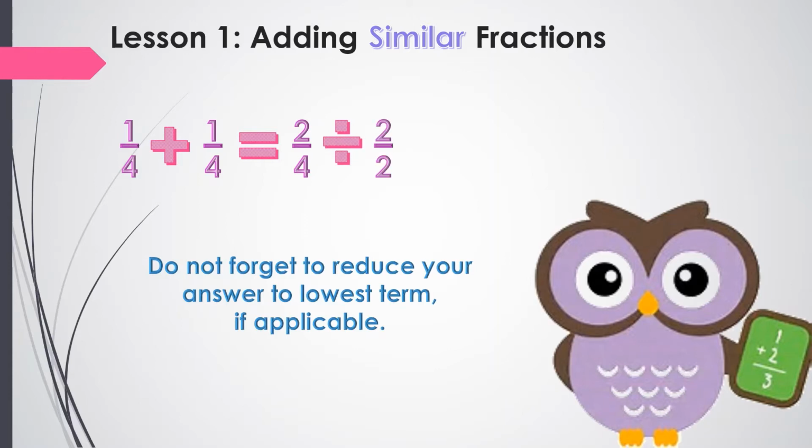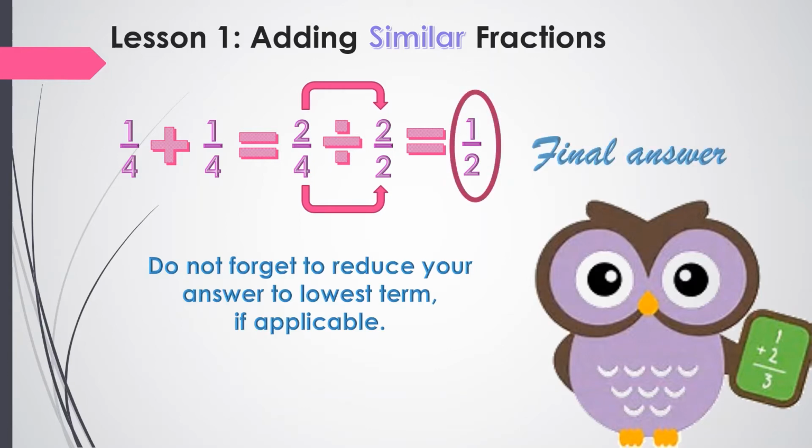So 2 divided by 2 and 4 divided by 2 will be equal to 1/2. 2 divided by 2 is 1 and 4 divided by 2 is 2. So you have 1/2. And that will be your final answer.